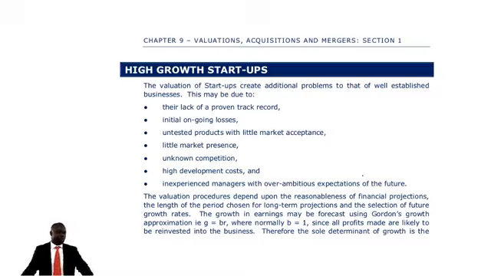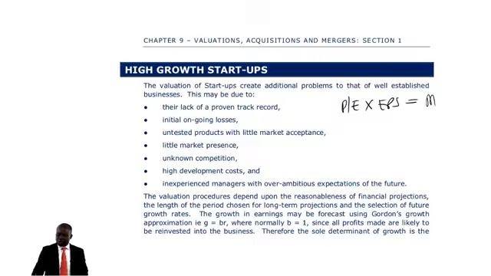How are we going to appreciate the problems? In order to value companies, we have valuation techniques like the PE ratio method. And according to the PE ratio method, PE ratio multiplied by earnings per share is equal to market price. Companies which have just started are likely to be making what? Losses.